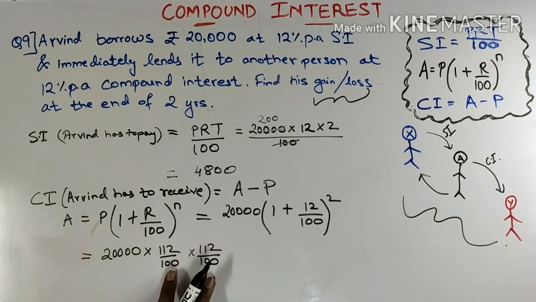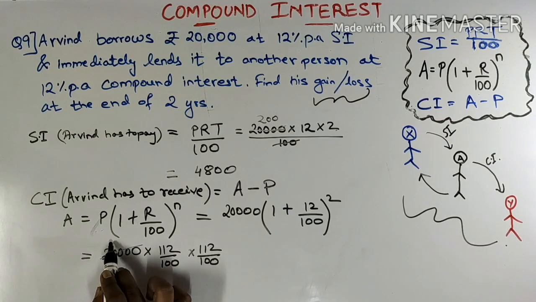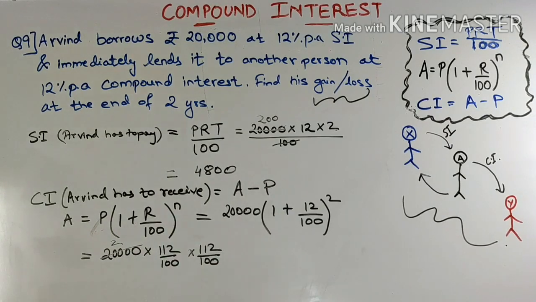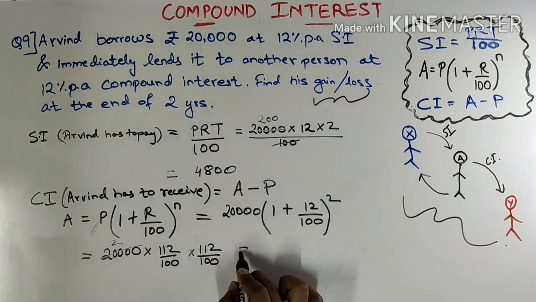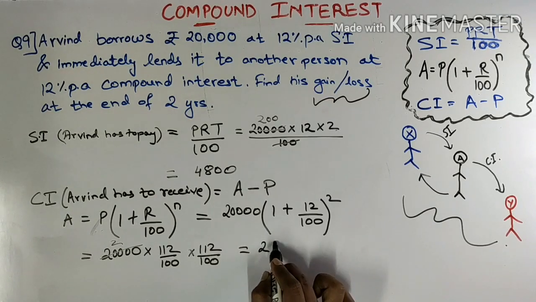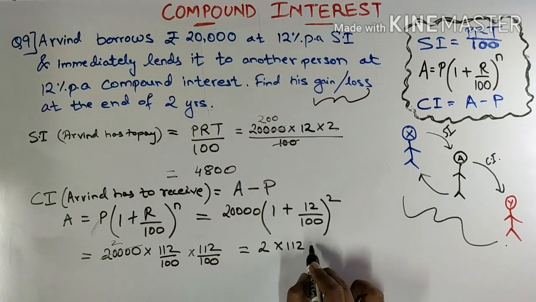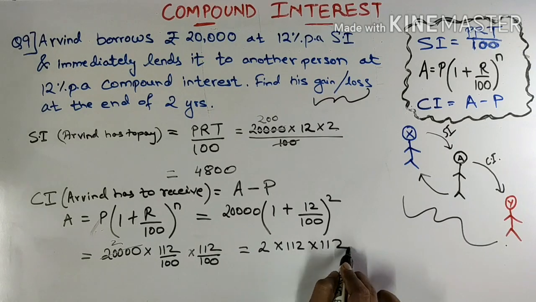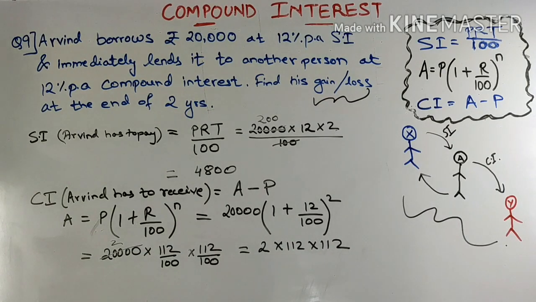When I simplify this, this gives me 10,000. 10,000 twos are 20,000. So what we are supposed to find is 2 into 112 into 112, which eventually gives me 25,088.